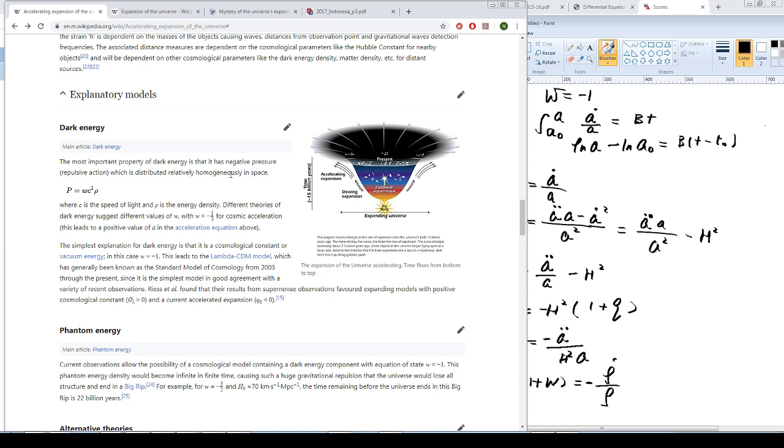Repulsive action. Okay, interesting. So it behaves differently from normal matter.